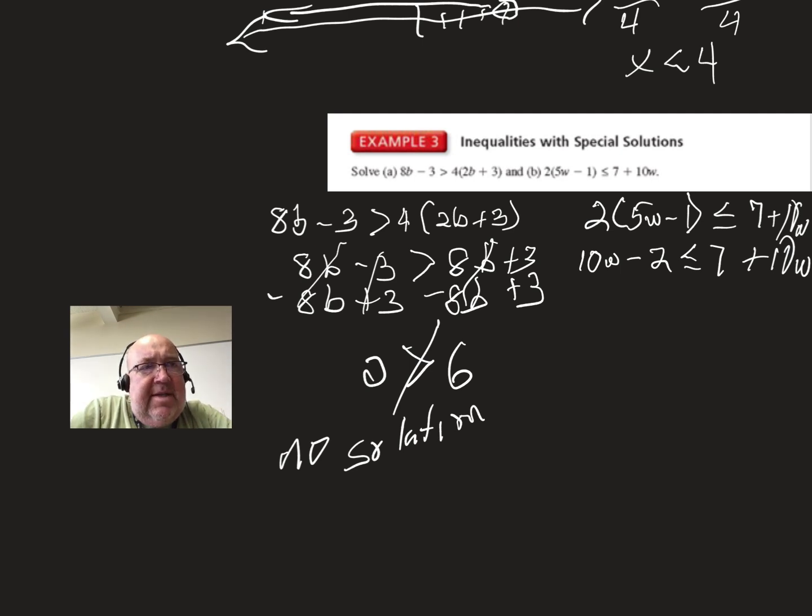We're going to subtract 10w from both sides. We're going to add 2 to both sides. We're going to get 0 is less than or equal to 9.